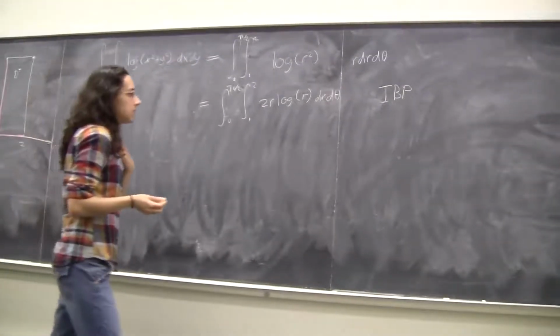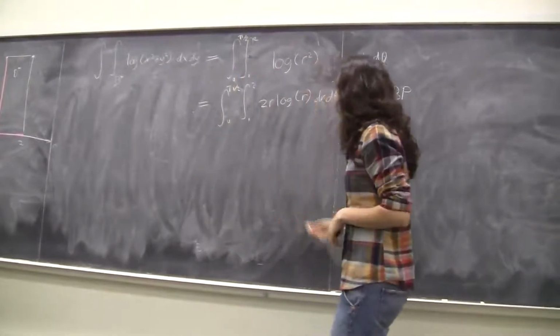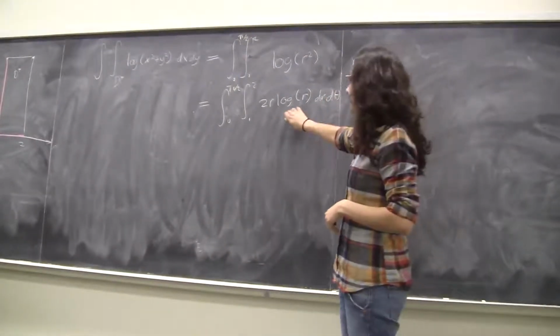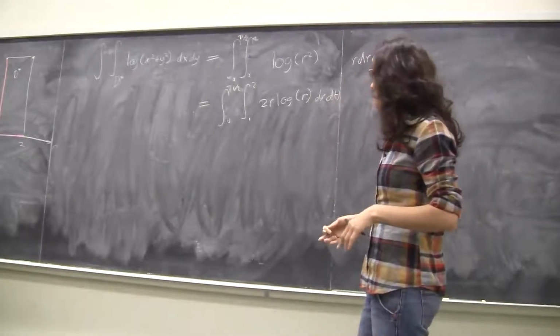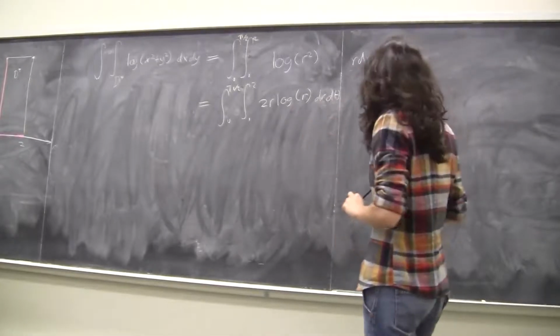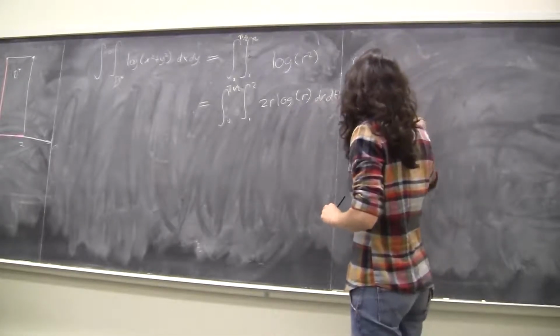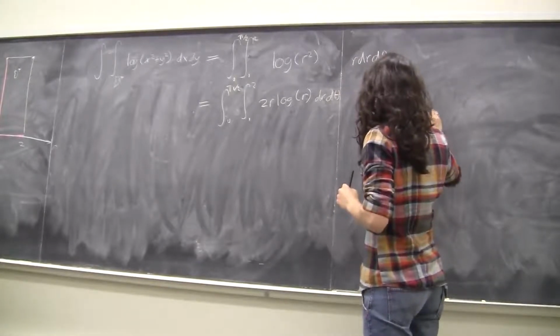Okay, so let's think about what we want our u and v to be. I would really like to differentiate log, because that'd be super easy to do, right? I would like much less to have to integrate it. So let's pick u to be equal to log of r.